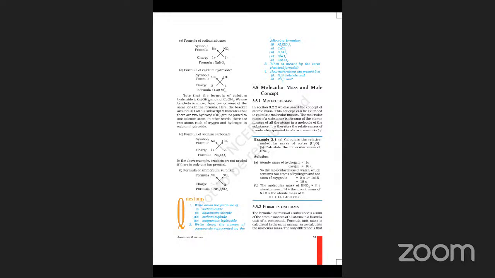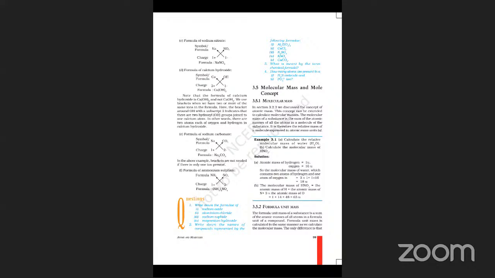Nitrogen is 7 with mass 14. Oxygen is 8 with mass 16. Sodium is 11th with mass 23. For the 18th, 19th, and 20th, the mass is 40. Chlorine is 17, mass is 35.5. These are some important elements.